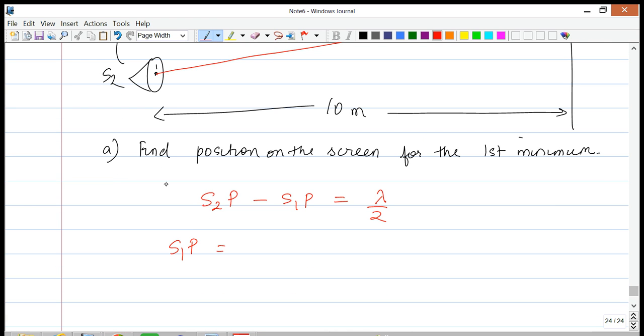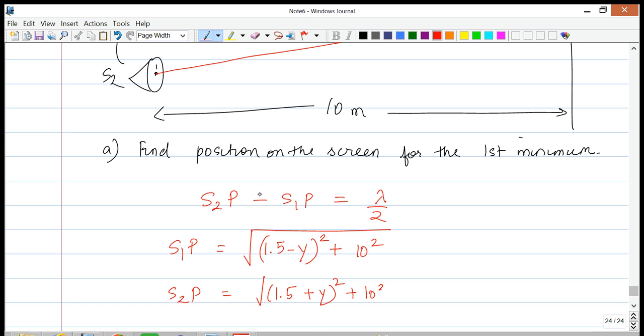S1p from the triangle is going to be equal to the square root of (1.5 minus y) squared plus 10 squared, and then S2p is going to be equal to the square root of (1.5 plus y) squared plus 10 squared. Make sure I write this properly.